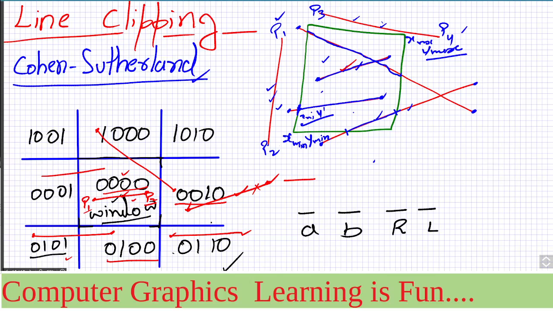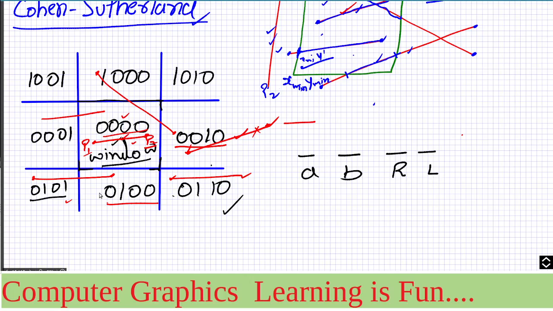If the endpoints have different codes, then what are we doing? Let me think about this particular line, 0 1 0 1, and let me use the second point, which was 0 1 0 0.